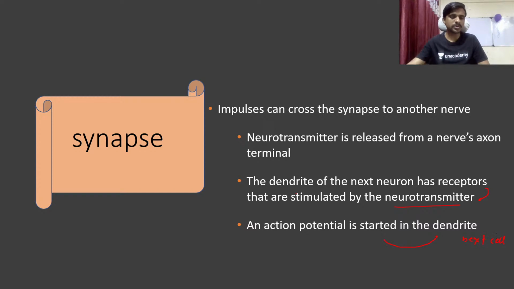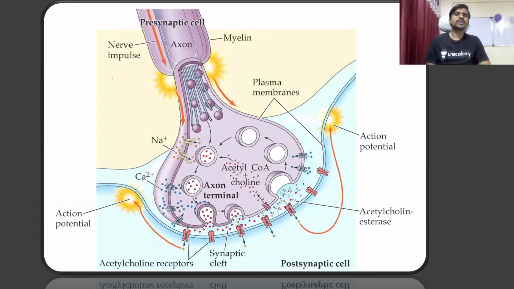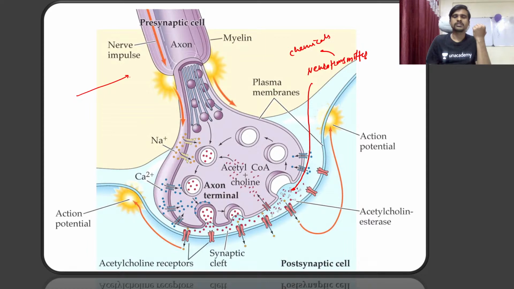So how does it happen, let's see. For example, this is your presynaptic nerve. Here is the neurotransmitter which is secreted by the cell. These are nothing but chemicals, and they travel toward the next cell. This is the receptor.